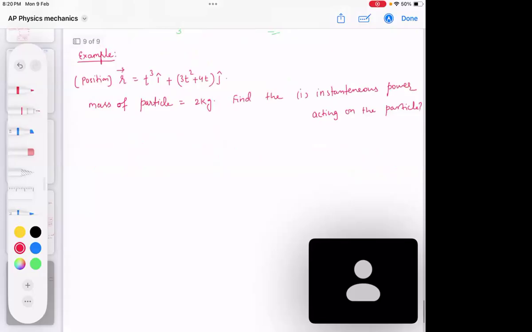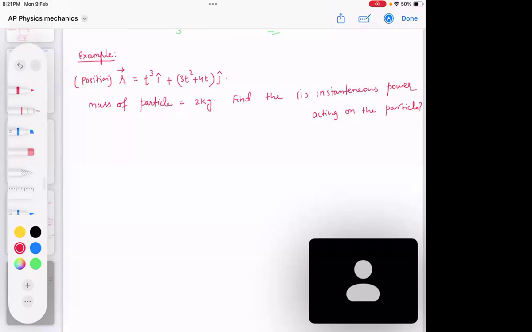The question gave the position of the particle, right? And they are asking the power. So please think about it and tell me what we should do in the question. Sir, we can find the force by differentiating the position with respect to time. Yes. Actually, to calculate the instantaneous power here, we need the force and the velocity, right?